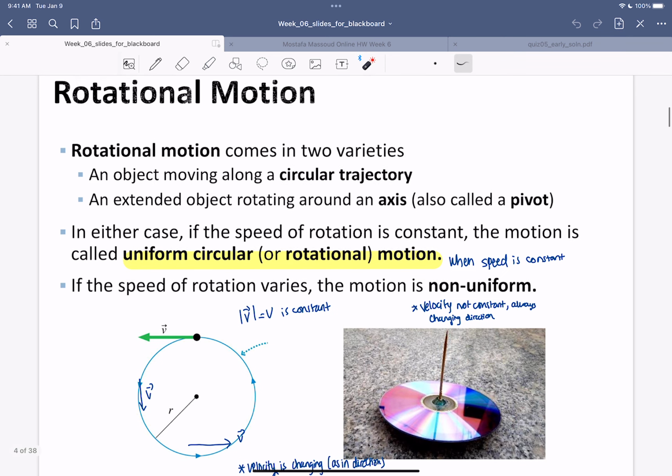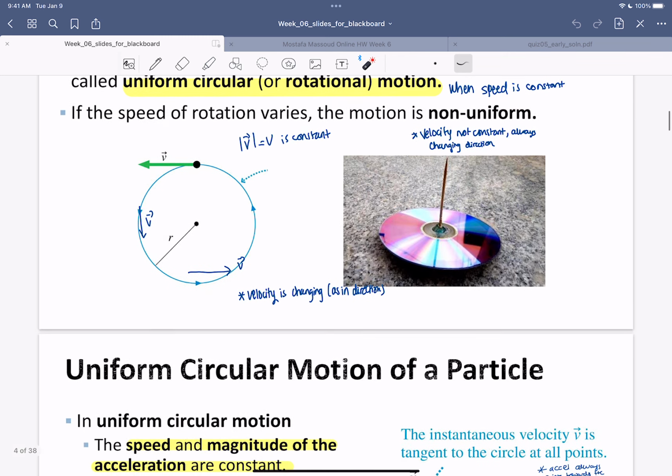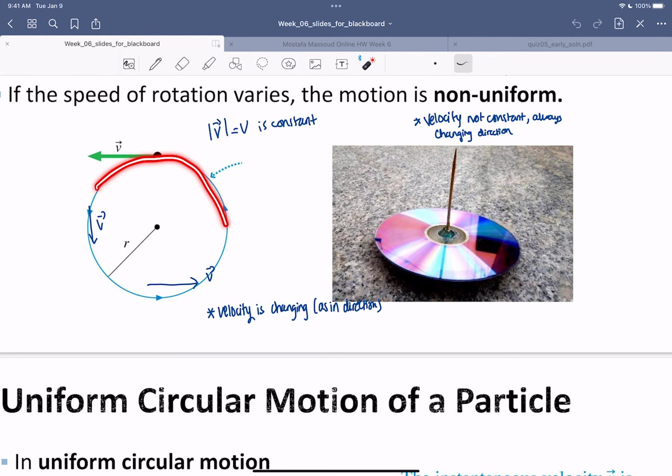If I go 10 meters per second to 20 to 30, then I'm speeding up, so I have an acceleration maybe in the positive direction. But I could still be going 10, 10, 10 and still accelerating, and that's what we have here. In uniform circular motion I keep the same constant speed, but I might be going southwest here, south here, east there, north here, northwest, so I'm constantly changing direction.